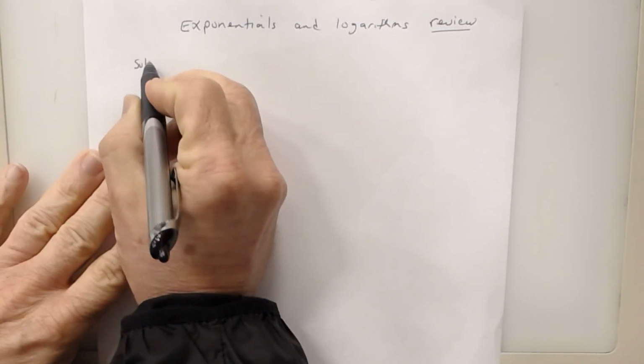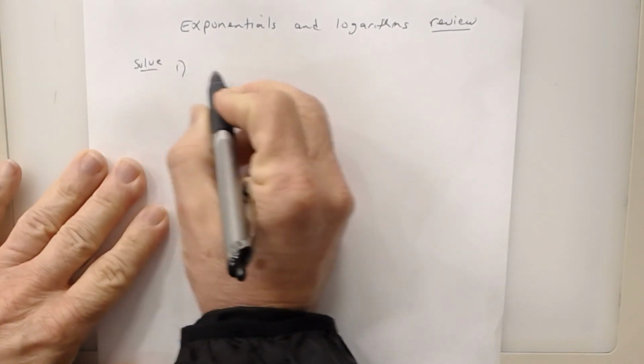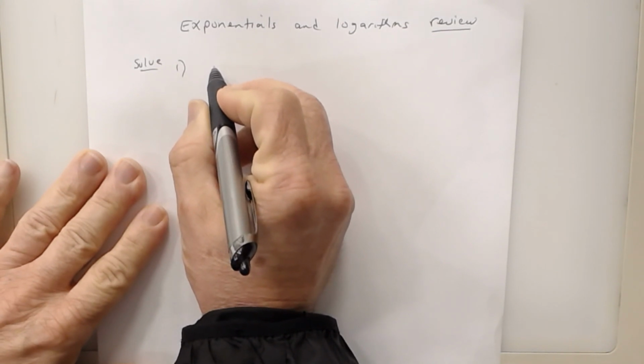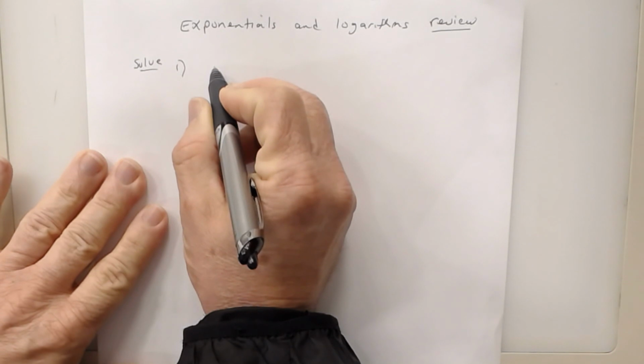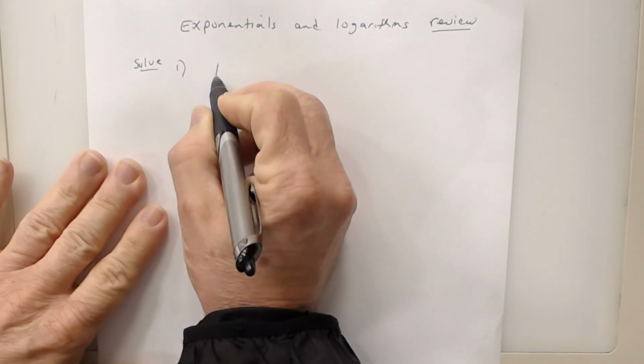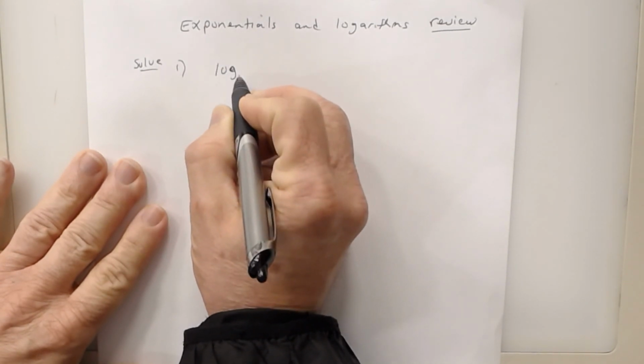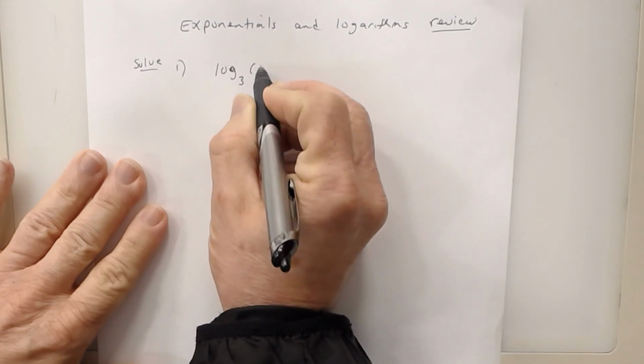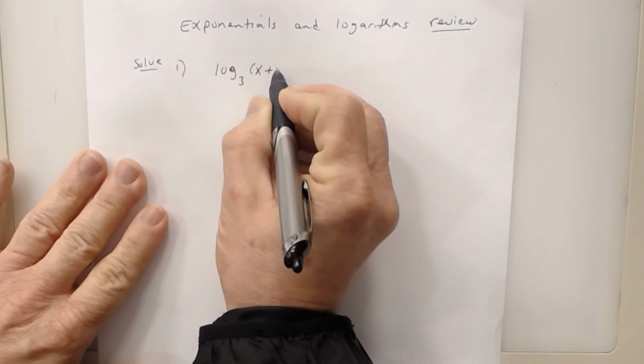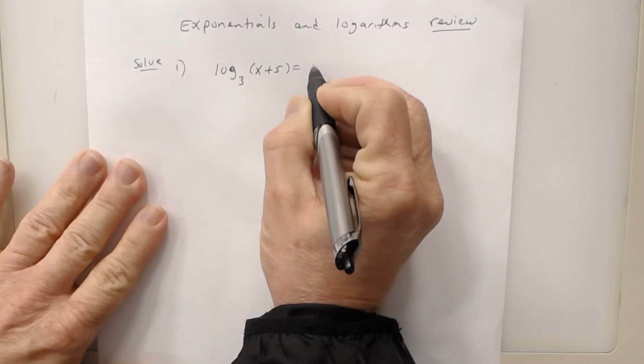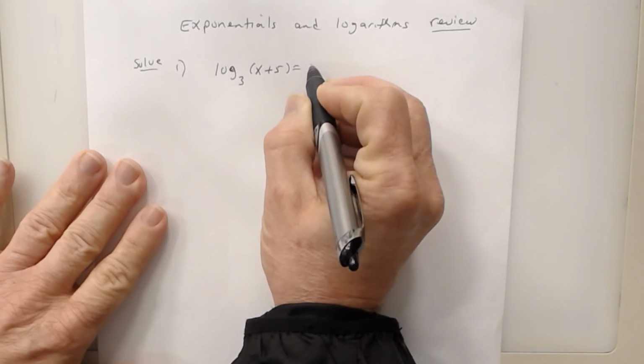All right, let's suppose I want to solve this equation. So solve. Number one, let's suppose I have the log base 3 of x plus 5 equals, let's say, 5.